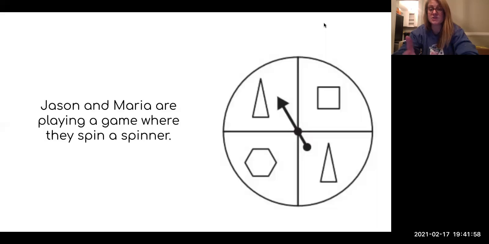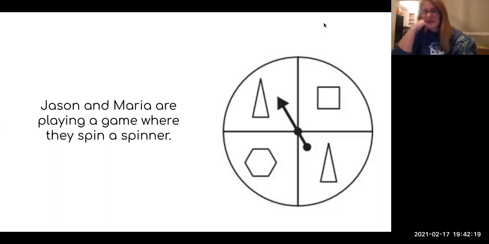So I noticed that 2 of the sections have the same outcome. Is it more likely that we would get that outcome than one of the other outcomes? Think about it. Is it more likely that we would spin a triangle than a square or a hexagon? Yes, it is.